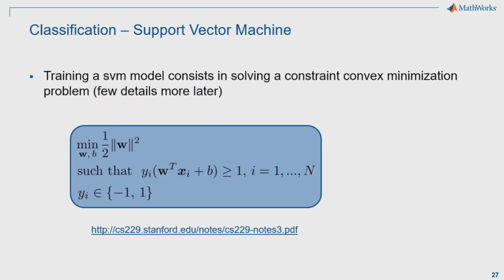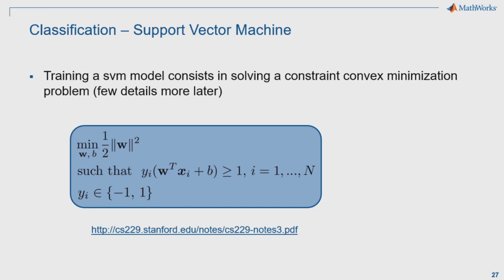This largest margin hyperplane is built on a convex optimization problem, to be honest a constrained convex optimization problem, which is based on this statement. Essentially, you want to minimize the norm of your weight vector, which is a vector of parameters that helps you build your decision boundary, your hyperplane.